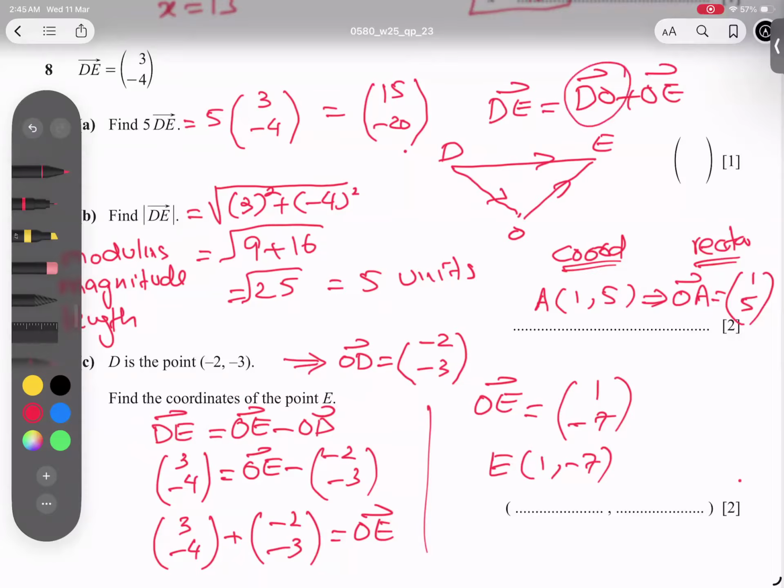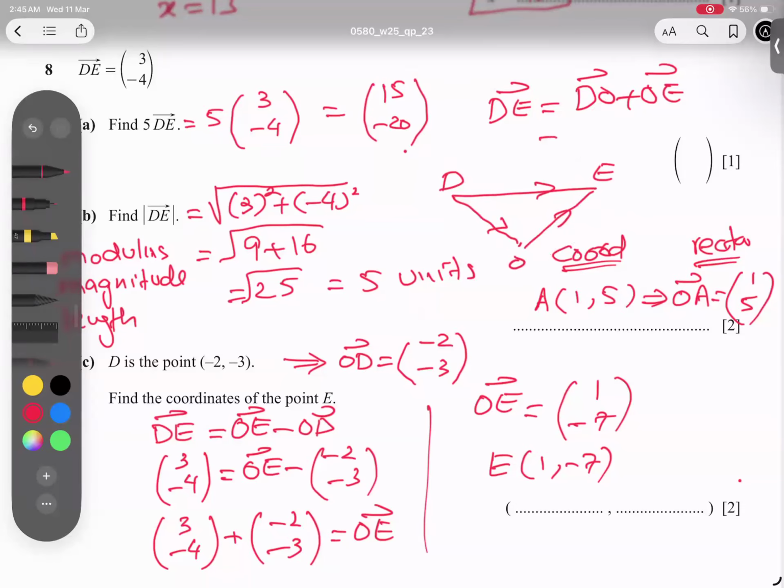But do we have a DO? No, we have OD. So when I change the positions, what will happen, students? When I change the positions, O first, D later, automatically minus will come outside. You see? So this and this are the same writing style. OD negative, OE positive. Both are okay. And this is our final answer.